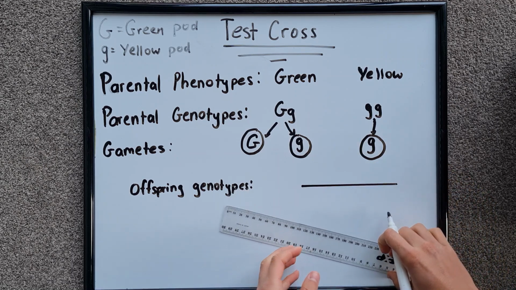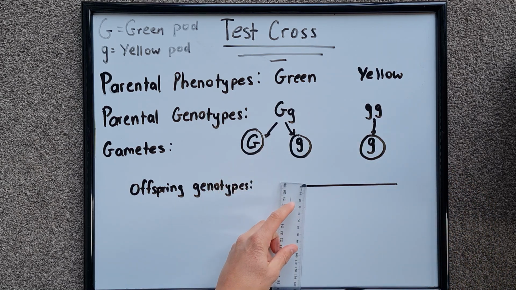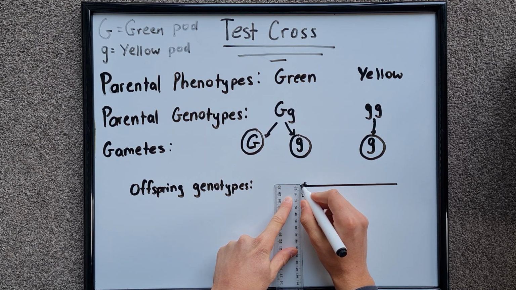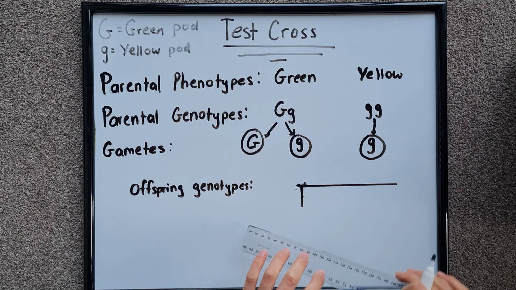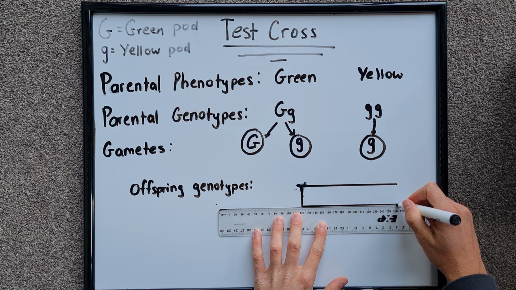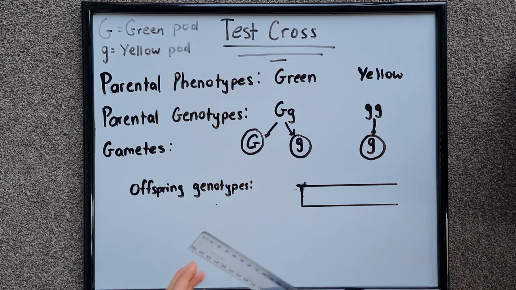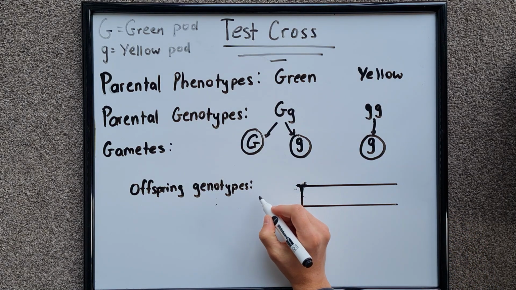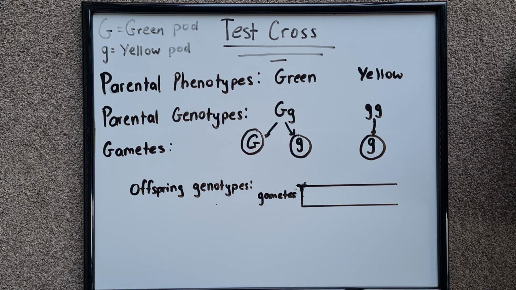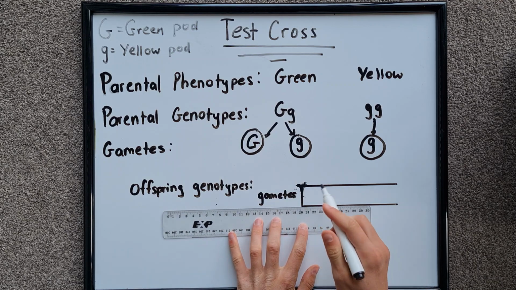We're going to have only just one row here, with the gametes of that recessive trait.